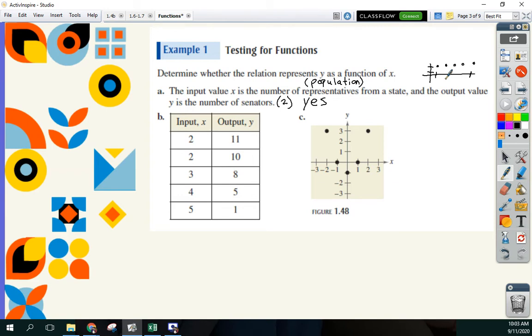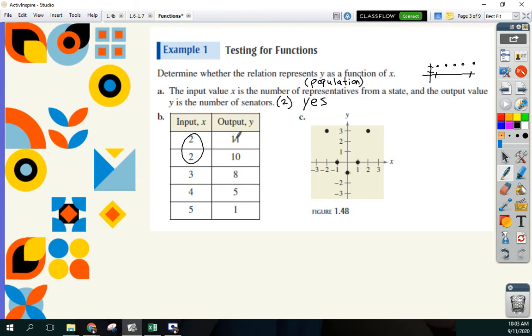So looking at our next input and output, we have a table, which is fine, we can do that. And the biggest thing here is that I'm going to look at all of my inputs, and the first thing that I should notice is that I have 2 2s. And then we should notice that I have 2 different y values associated with those inputs.